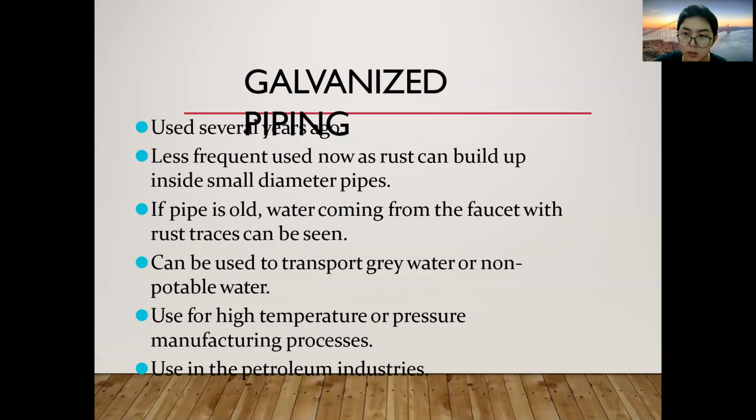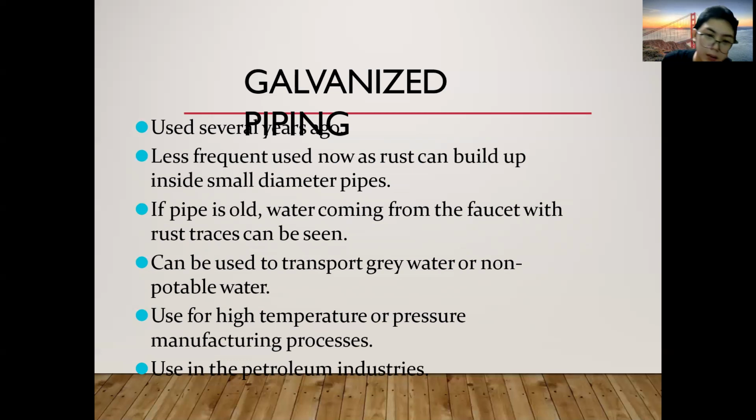Since it's an old traditional method, the modern methods for plumbing are used more rather than the old traditional methods. These are the factors to consider if the pipe is old, and the things that will happen if you use galvanized pipe.